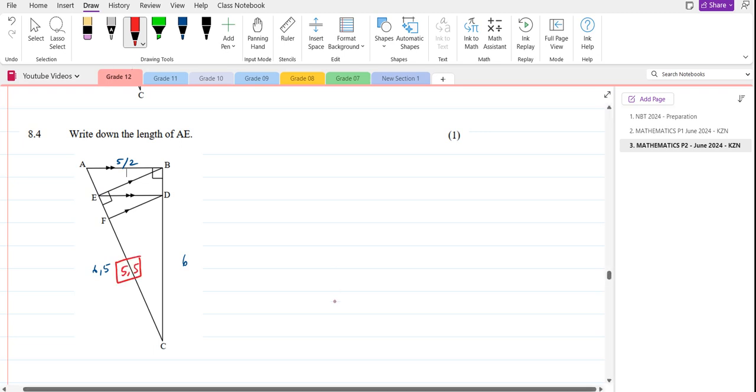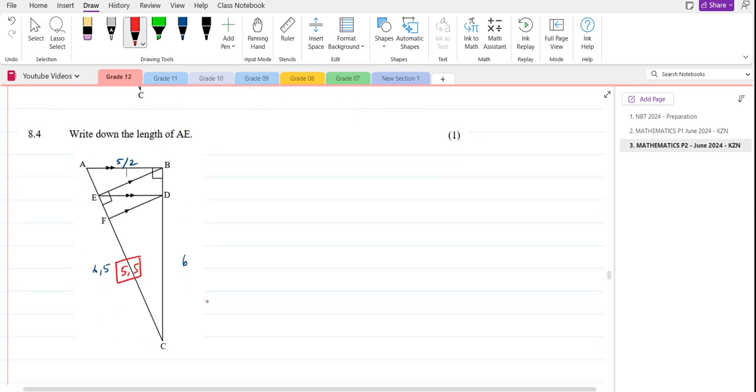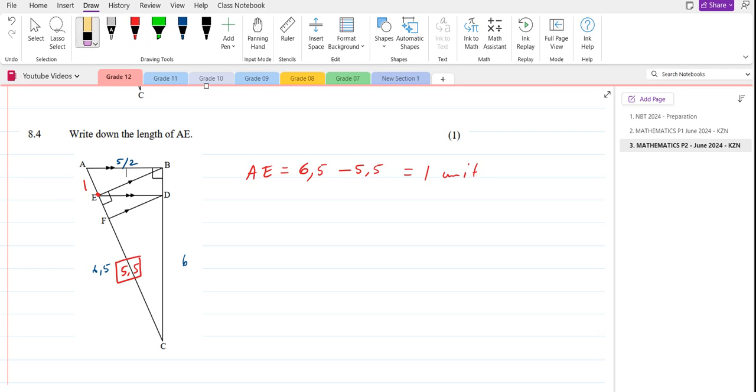CE is 5.5. So obviously AE will be 1. So length of AE is equal to 6.5 minus 5.5, which is equal to 1 unit approximately. Not units, 1 unit.